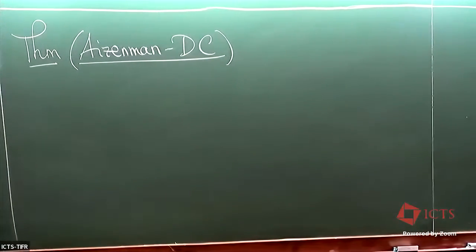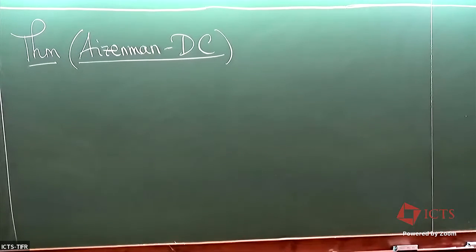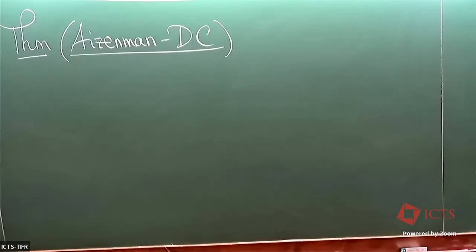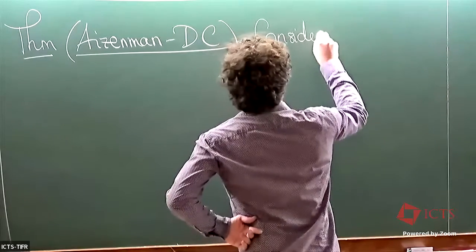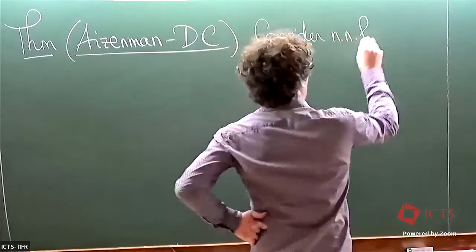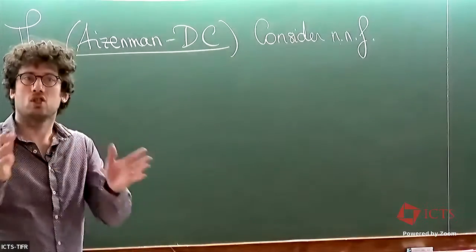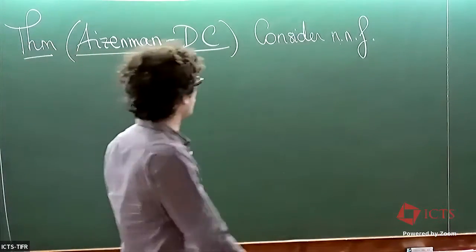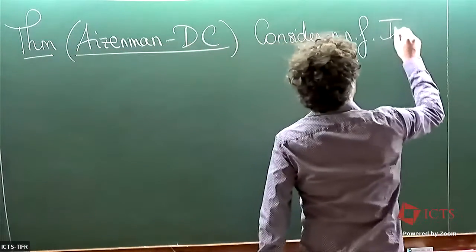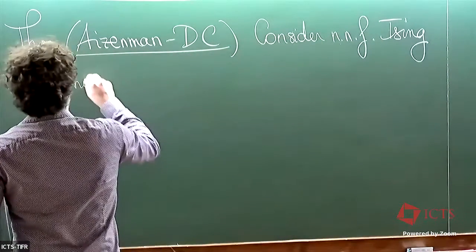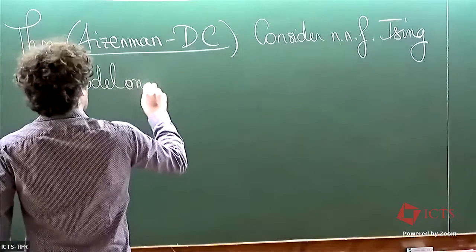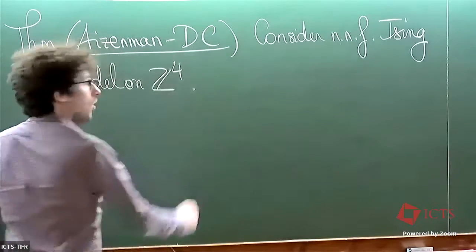So how did I state it again? You consider the nearest neighbor Ising model. In fact, ferromagnetic, which just means J_xy equals 1 if you are neighbors, 0 otherwise, on Z^4.